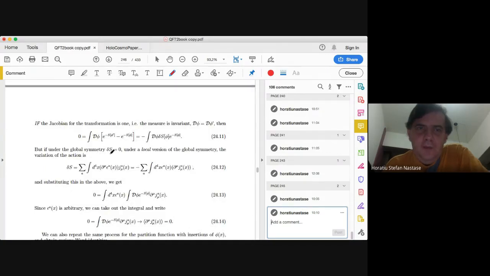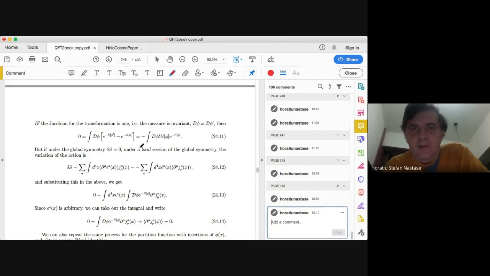However, now we have to be more specific. So let's say the point we're analyzing is a global symmetry, meaning under this global symmetry, variation of S is 0.